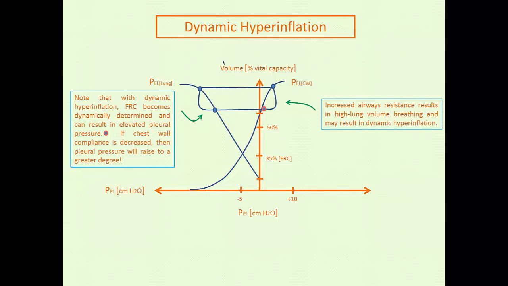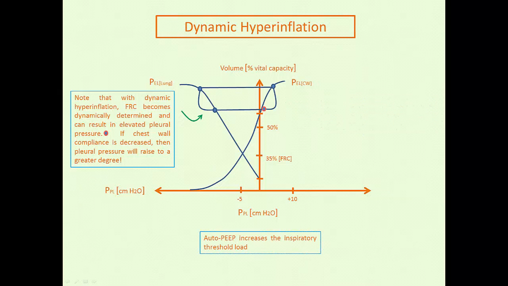In this patient, you can see that FRC becomes dynamically determined, and it follows the chest wall elastance curve, because as the lungs become hyperinflated and push out against the chest wall, the intrathoracic or pleural pressure that is generated between them as a result follows the elastance curve.